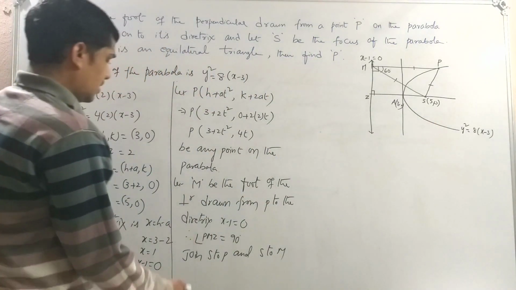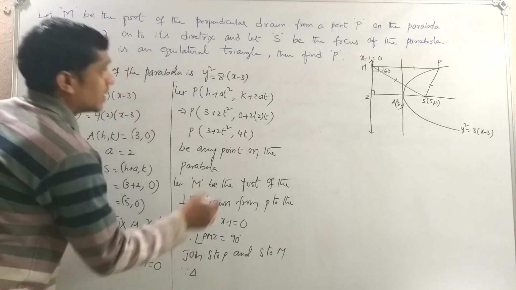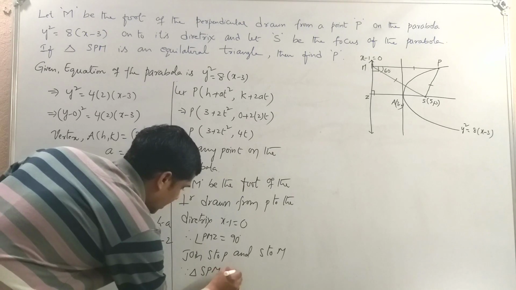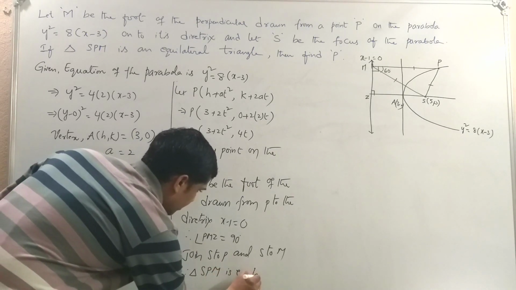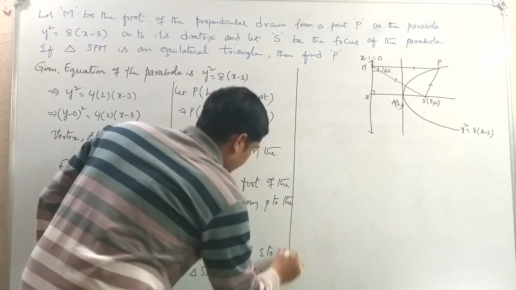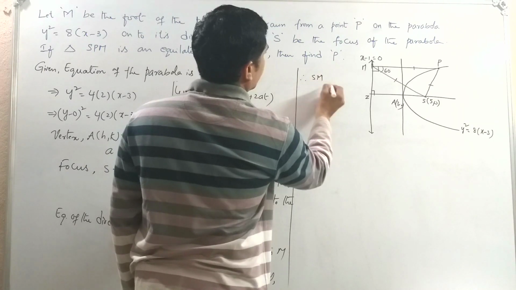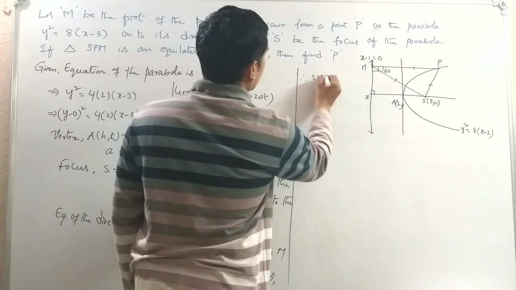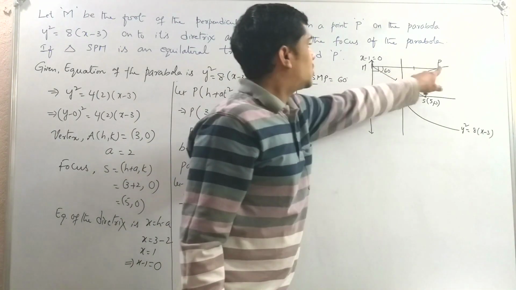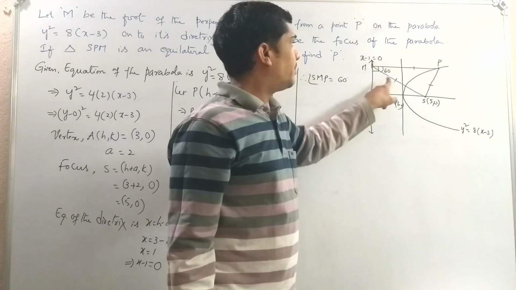So after joining the points, since triangle SPM is equilateral, angle SMP is equal to 60 degrees. But we know that the total angle is 90. In that we got angle PMS or SMP is 60.